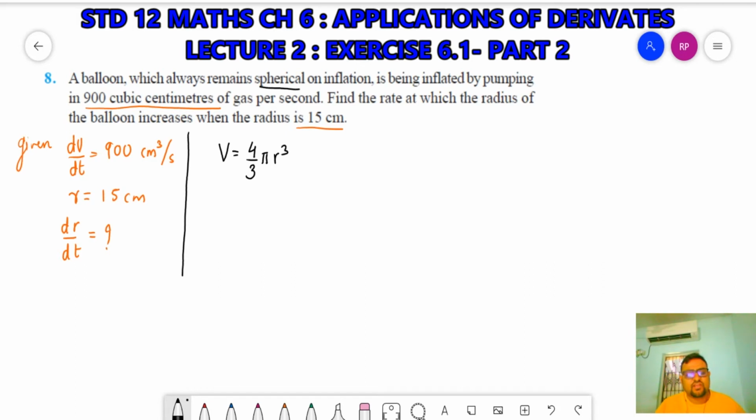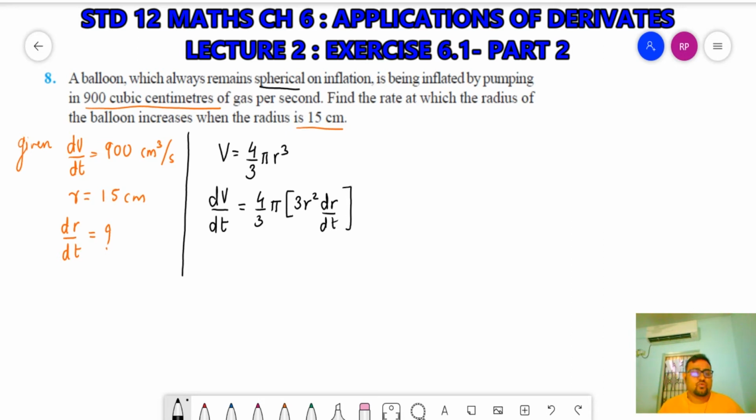Differentiating with respect to time, dV by dt will be equal to 4 by 3 pi, constant. Derivative of r cube is 3r square into dr by dt.